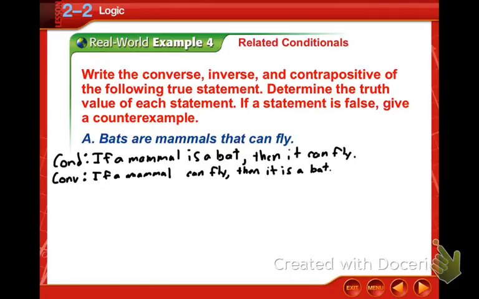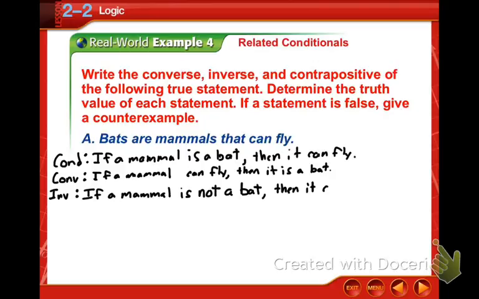The inverse takes our conditional statement and makes them both nots. So if a mammal, sorry, my handwriting's getting kind of sloppy, is not a bat, then it cannot fly.